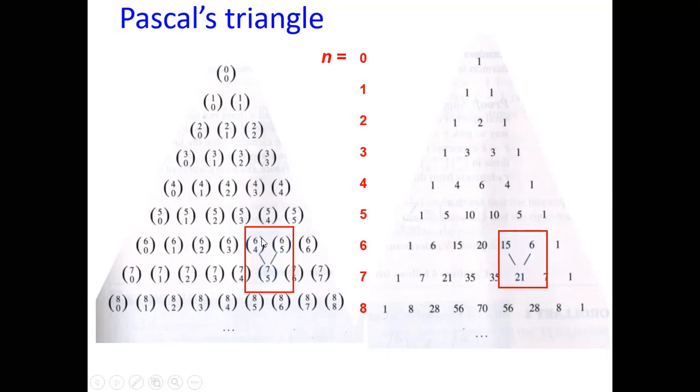As you can notice, combination of 5 from 7 will be equal to combination for the same index 5, but n minus 1, plus the term before. Like here, 21 equals 6 plus 15.